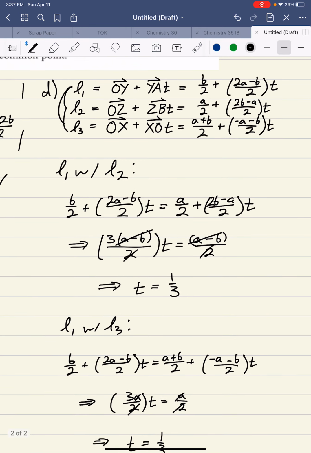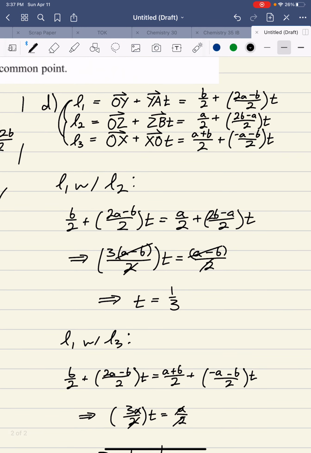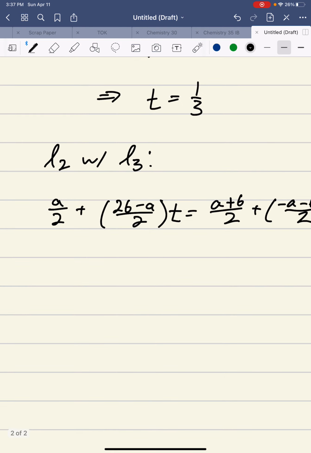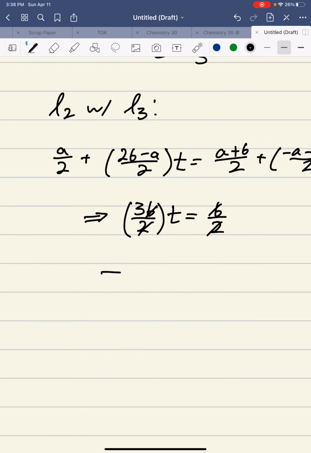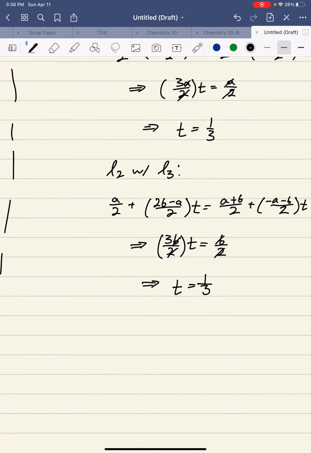Let's just make sure I got that right. Yeah. So just like the last two, combine like terms, and so that should be 3b over 2 times t is equal to b over 2. So these cancel out once again, and dividing both sides by 3, t is 1/3 once again.